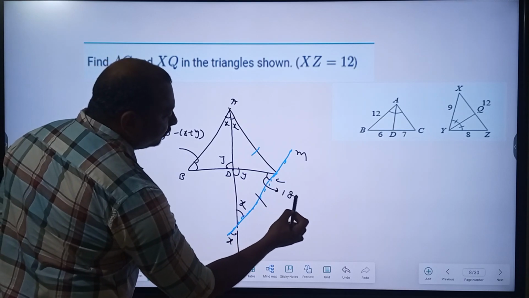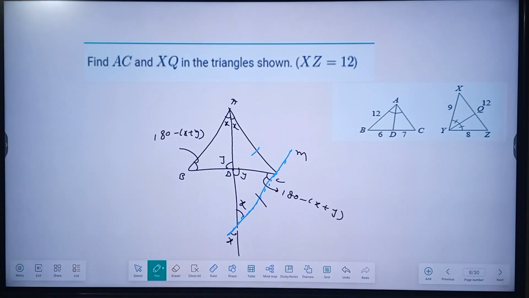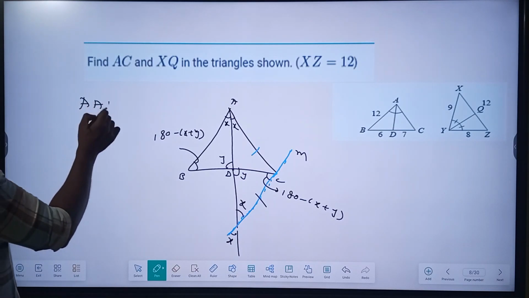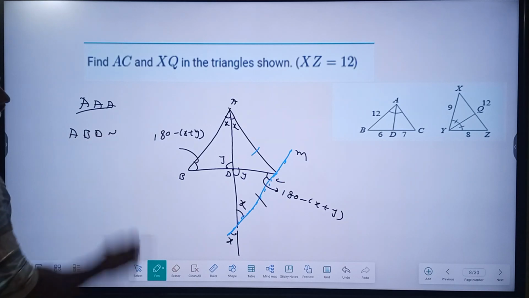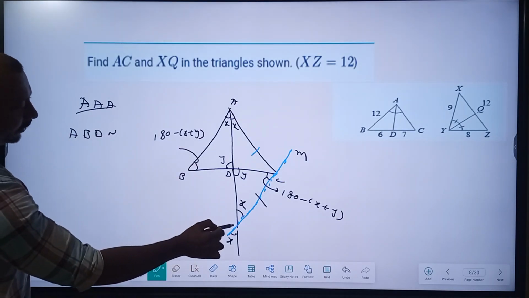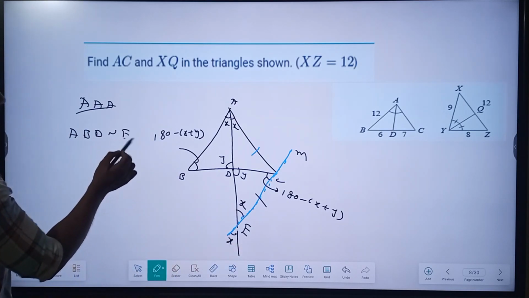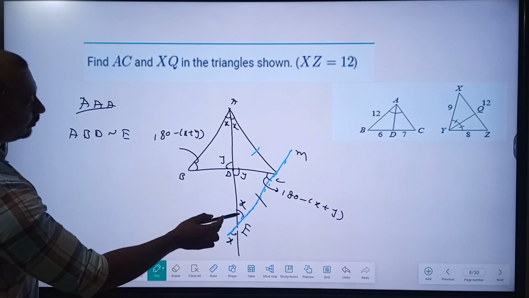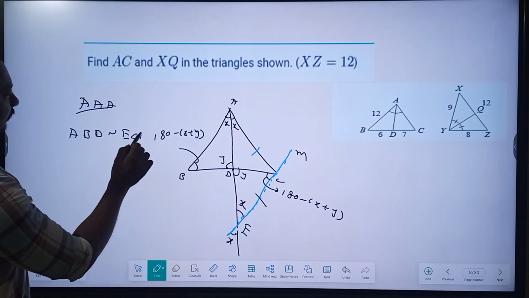Immediately, what do we see? Congruent triangles, so similar triangles. From similarity, we have ABD similar to the triangle with point E, so ECD.